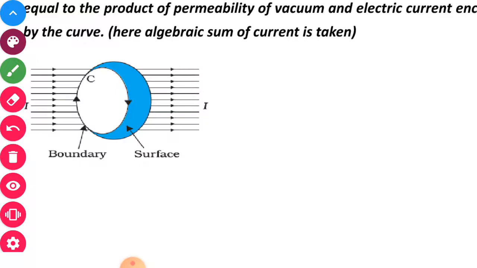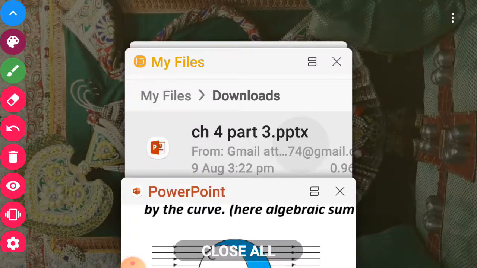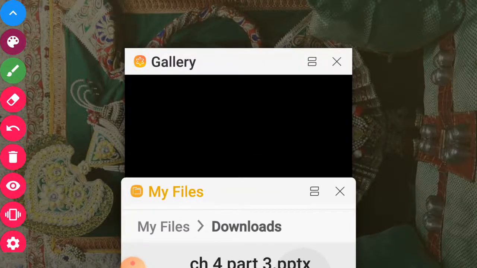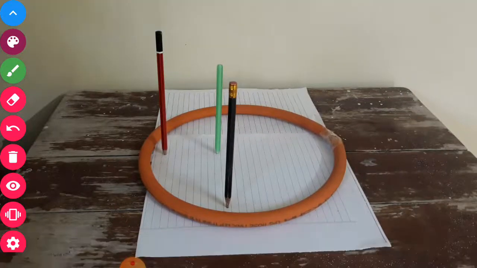Now let me show you this in a different way. Now see, these three ball pens which I have shown, pencil and ball pen, they are current carrying conductors. They can be anywhere. Try to understand, this current carrying conductor can be anywhere. It can be here also, wherever you want to place, you can place.